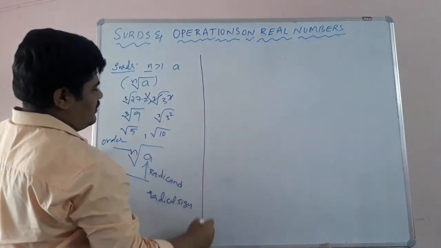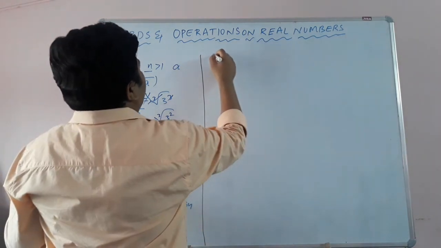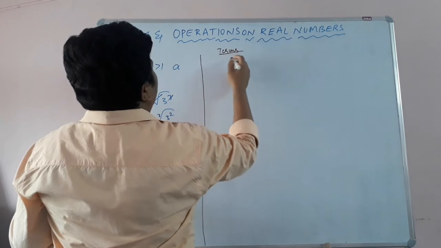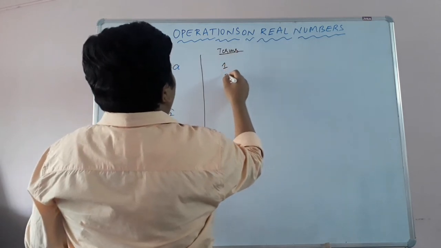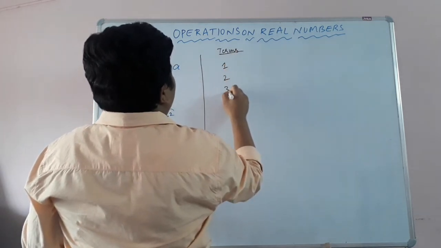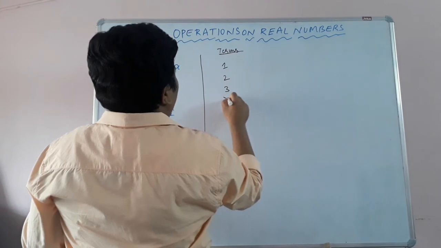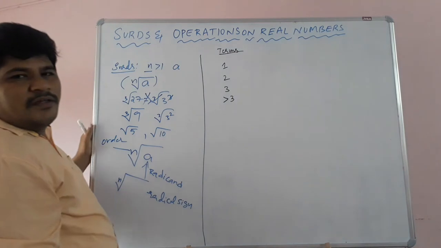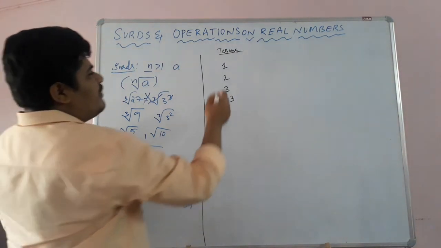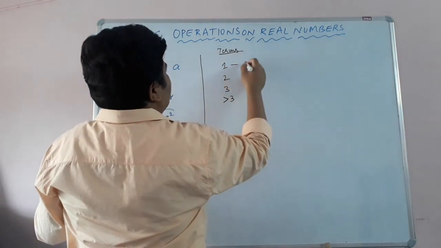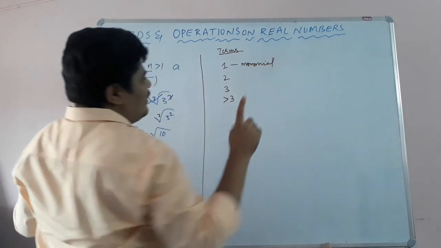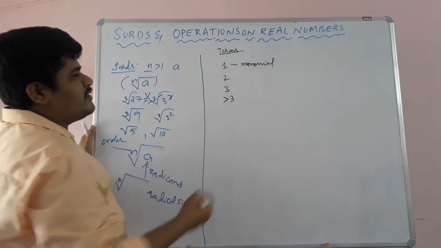Let's see, based on the number of terms. Sometimes one term will be there, 2 terms, 3 terms, or more than 3 terms. If only one term is there in the surd, that is called a monomial surd.